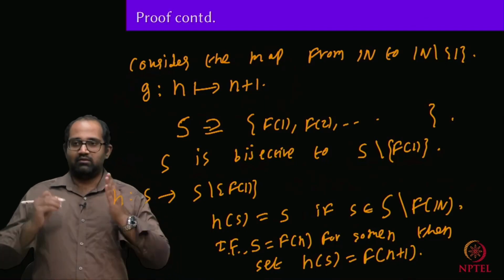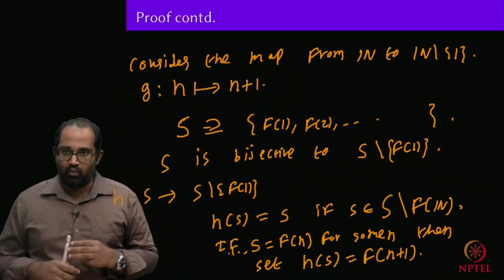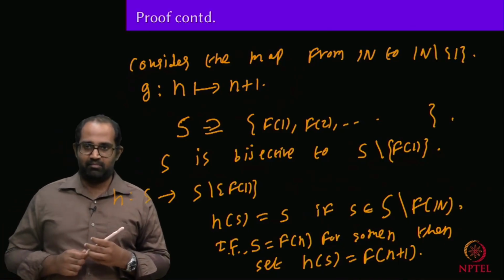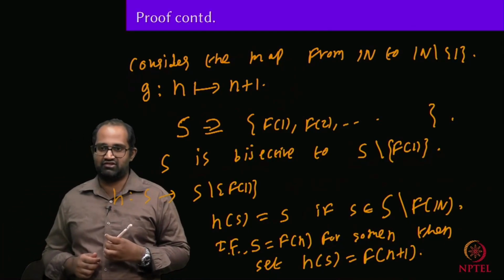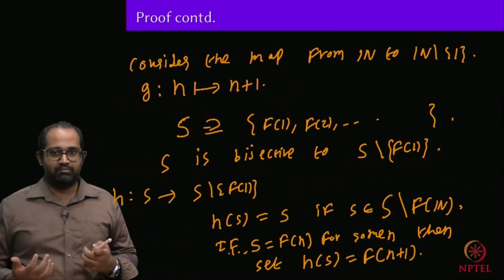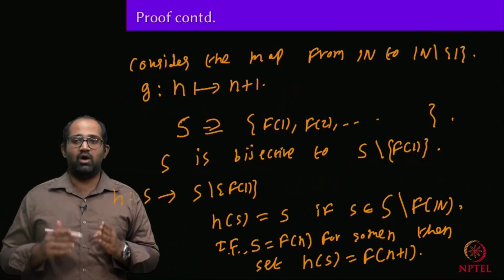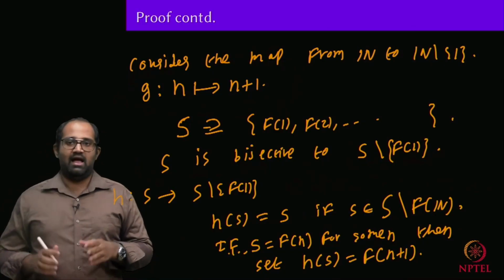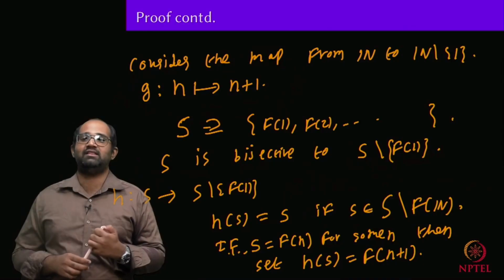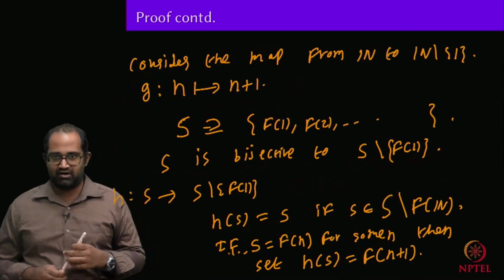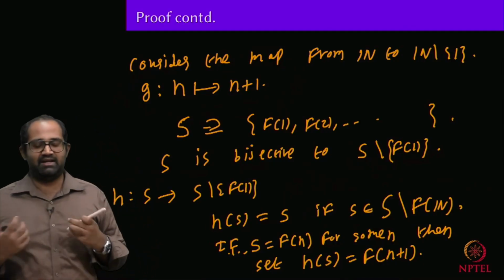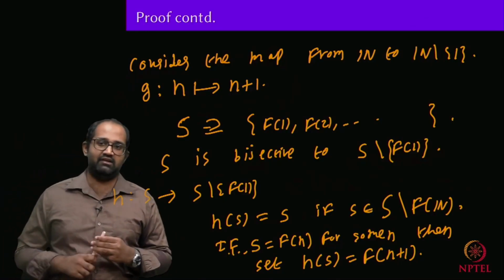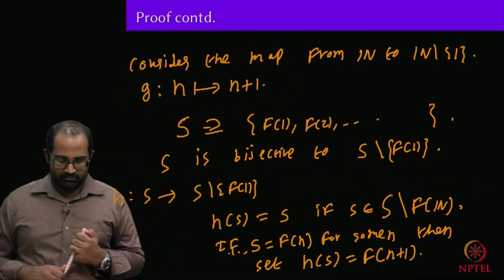Now, the proof is technically not yet over. I have to show you that h from S to S minus f of 1 is actually a bijection, but all the work has been done for you. All you have to do now is to sit calmly in a cool place and think for 5 minutes why this h is in fact a bijection. The whole thing has been constructed in such a way that this is going to be a bijection.